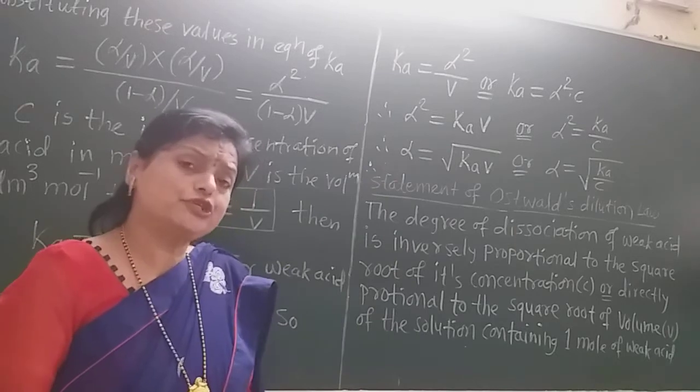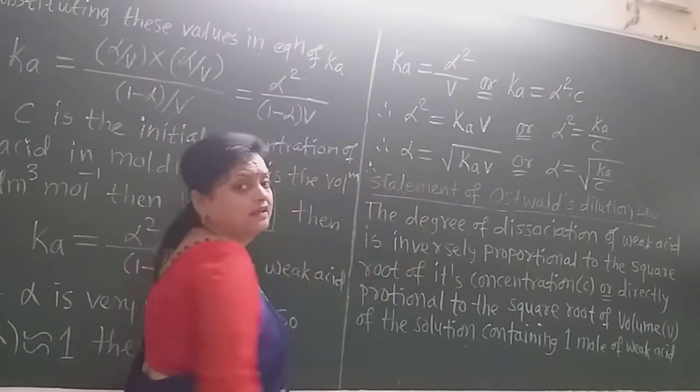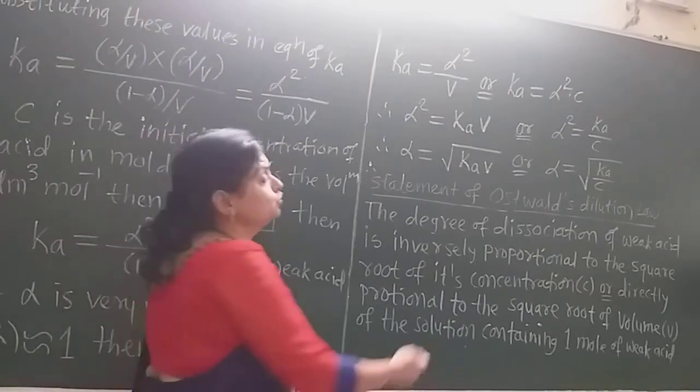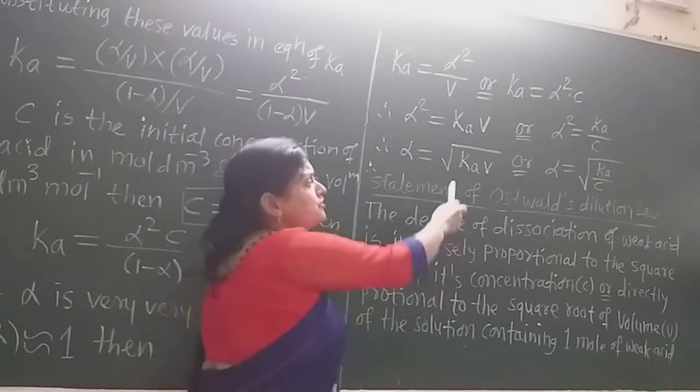What does this equation show? Here we see that alpha is directly proportional to the square root of the volume, because K is constant.